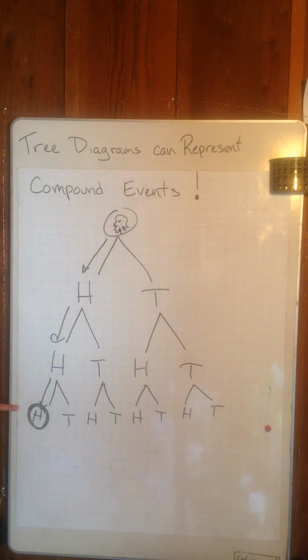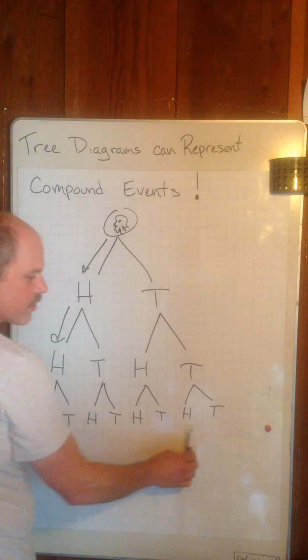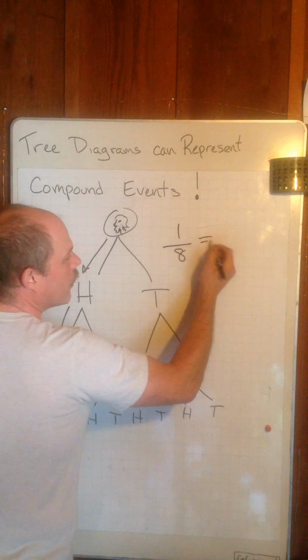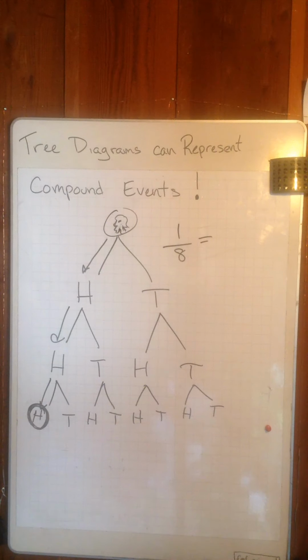And so now I just count it up versus all my other outcomes. There's 1 out of 1, 2, 3, 4, 5, 6, 7, 8. 1 out of 8. And so that is how you can use a tree diagram to represent a compound event.